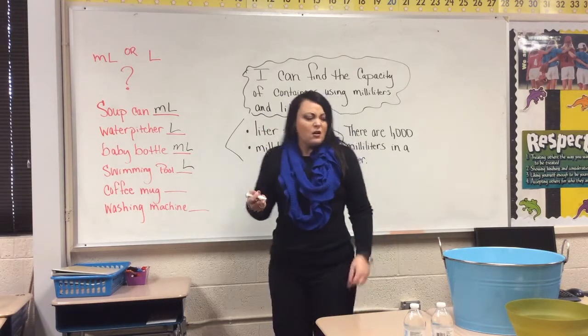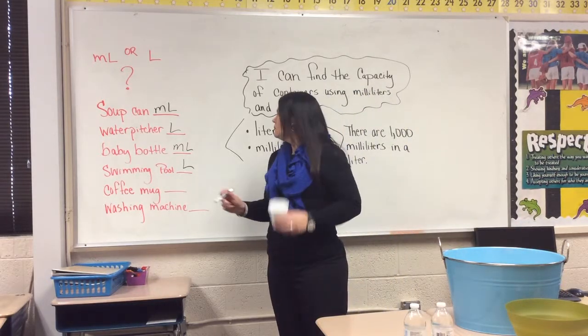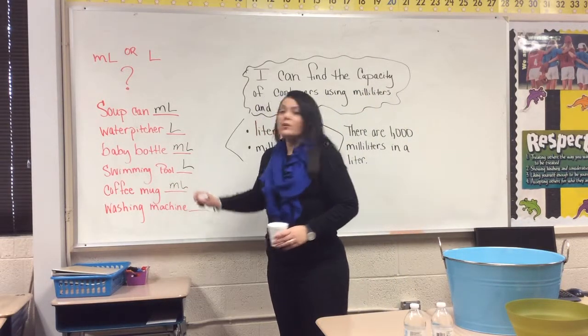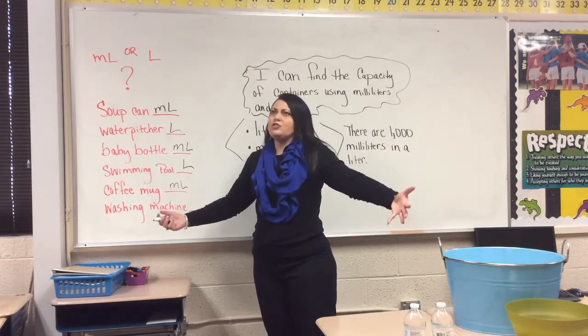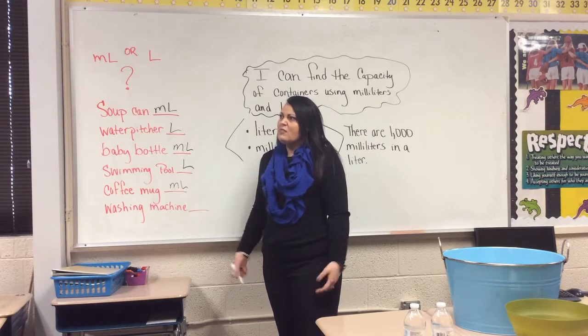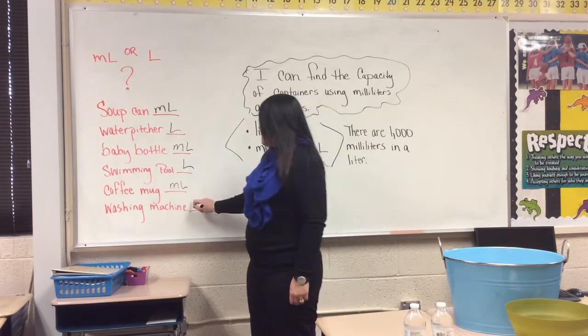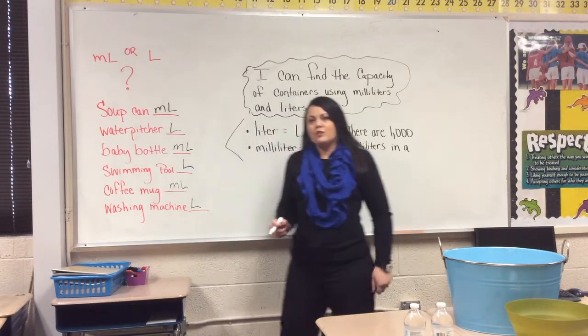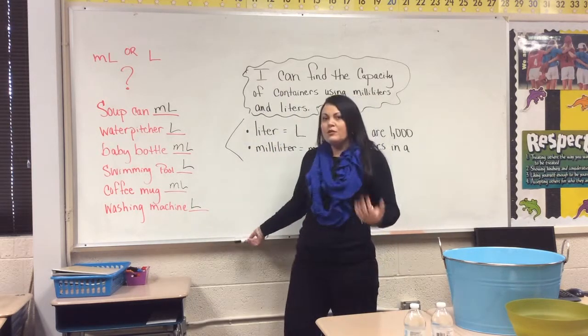Coffee mug, about the size of this cup. Milliliters, very good. And a washing machine, a big washing machine. Would I say milliliters or liters as a unit of measurement? Liters, very good. So that's going to conclude our lesson on milliliters and liters.